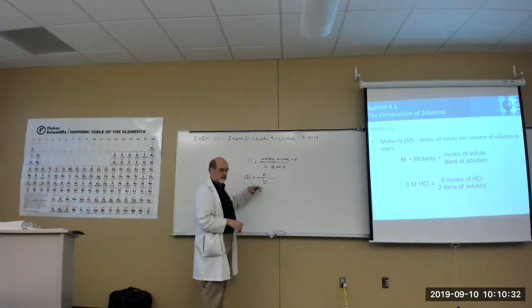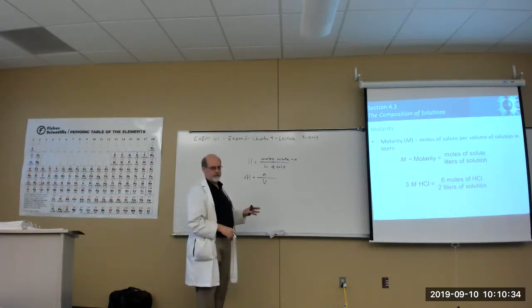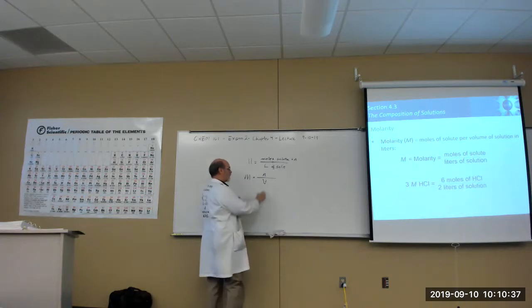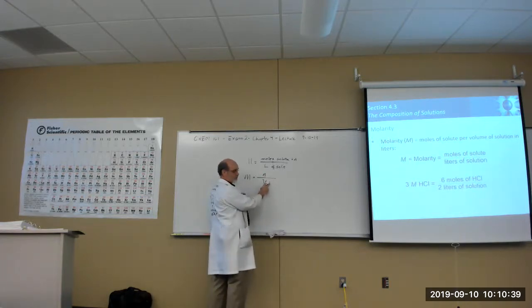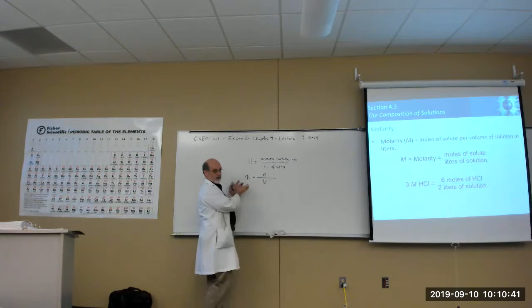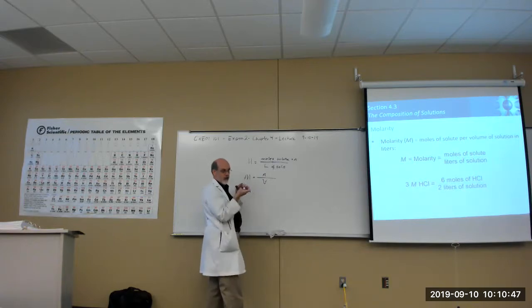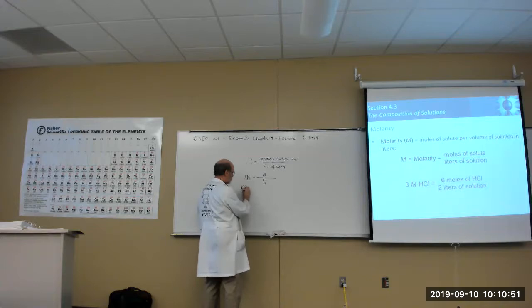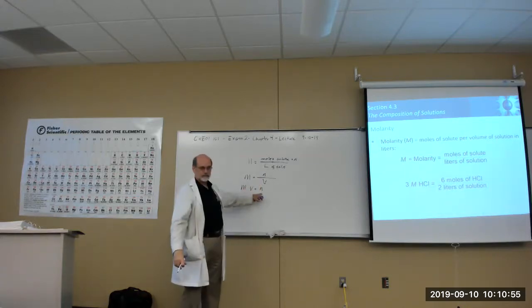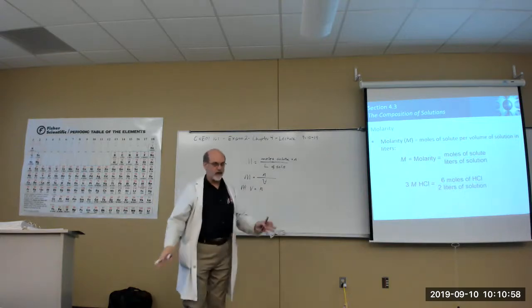If we know any 2 of those, we can solve for the third. Right? So if we know the number of moles and the number of liters of total solution, we calculate molarity. But if we know the molarity and we know what volume we have extracted from that container, we can calculate moles. It's simple algebra.